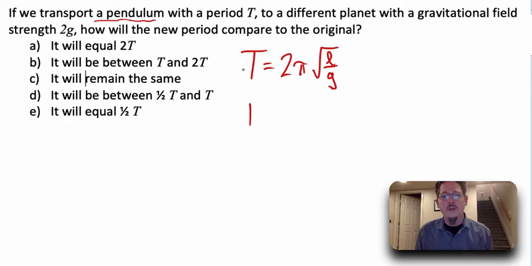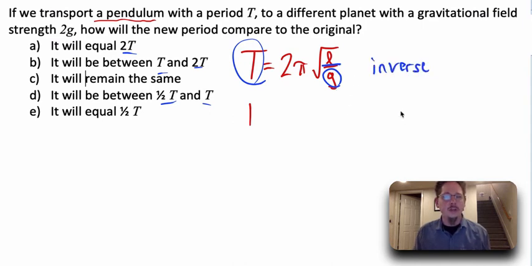First, did period go up or go down? Well, this time, period, hey, it's alone, and it's still the key unknown variable. Period's alone. And g, it's in the denominator. It's across from period, and it's in the denominator. This is an inverse relationship.